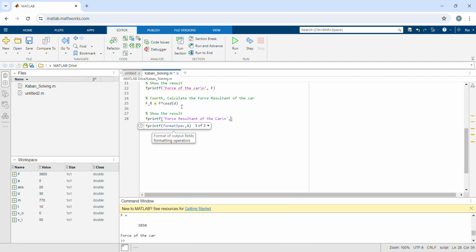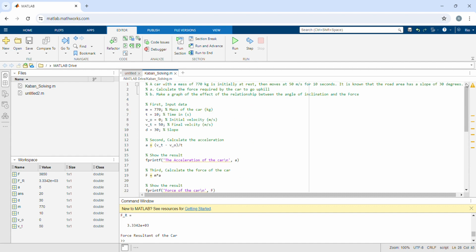Don't forget the symbol F_R, and then we run it. And this is the force resultant of the car. So we've got the answer of the A question, and how about the B?